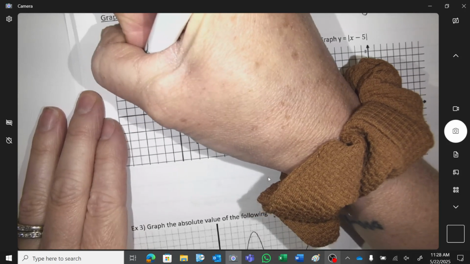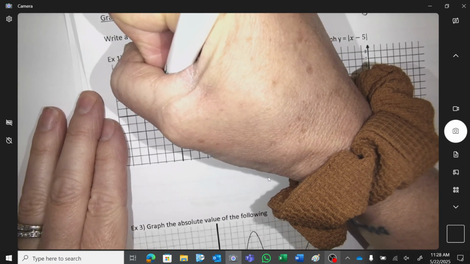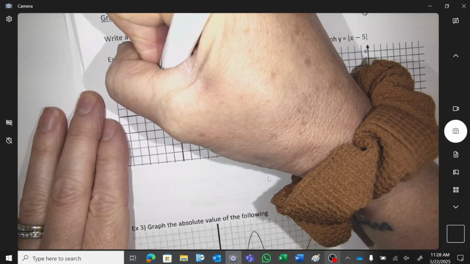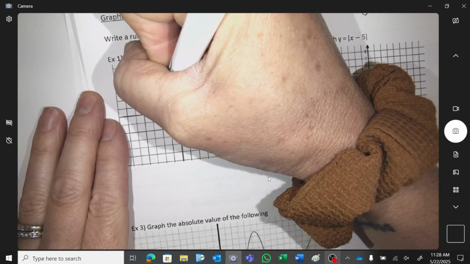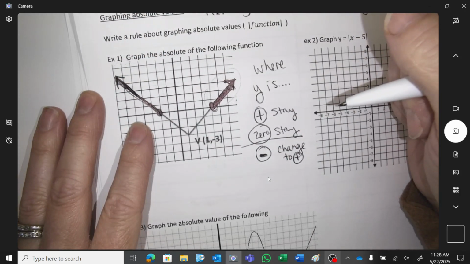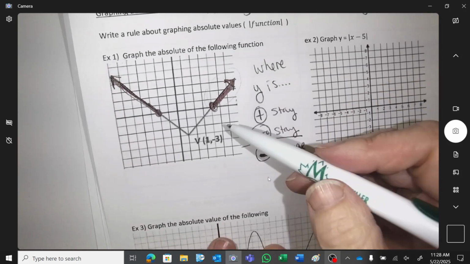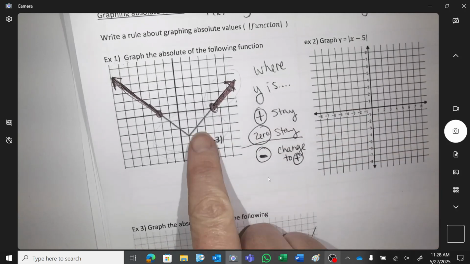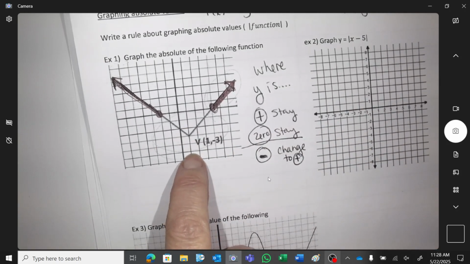Positive will stay put. Now I have this chunk of the graph.